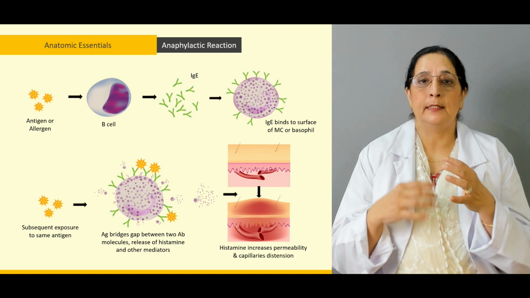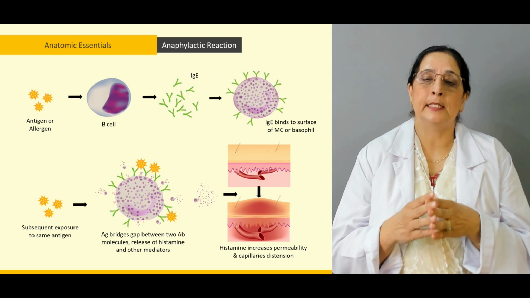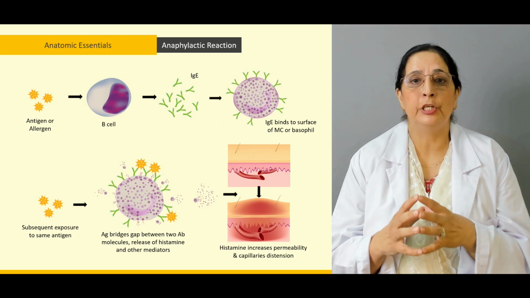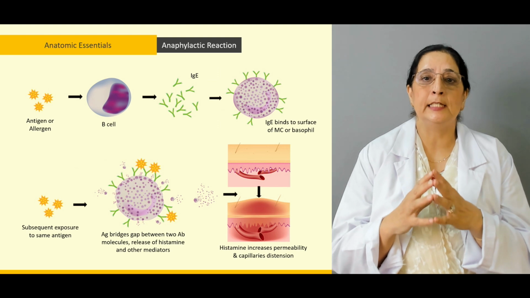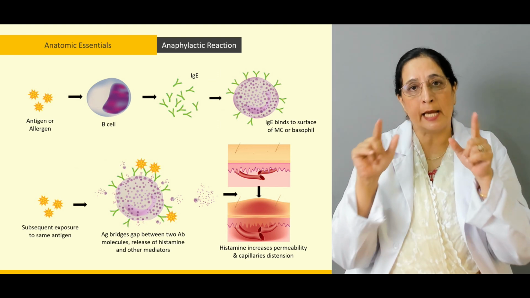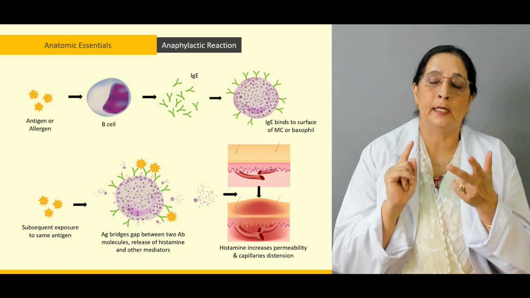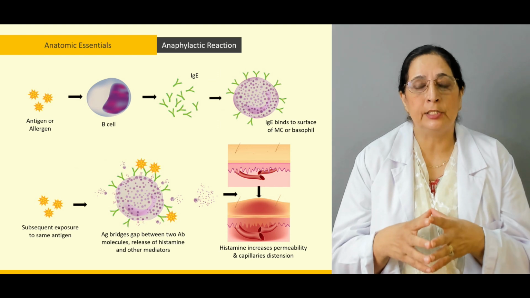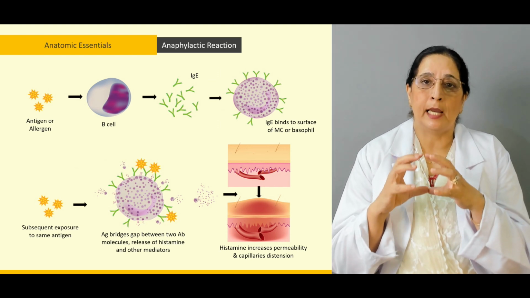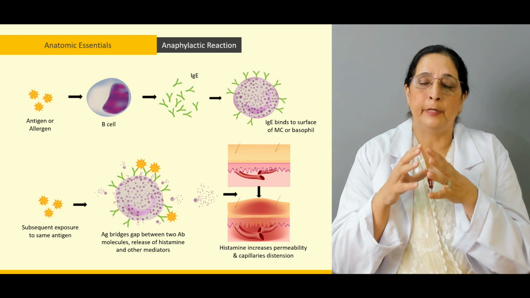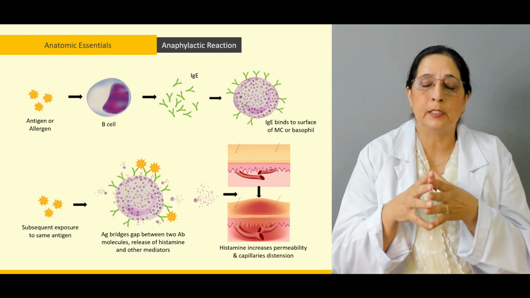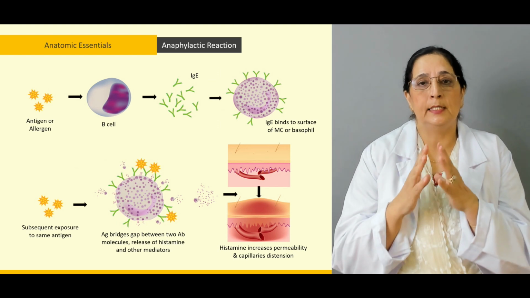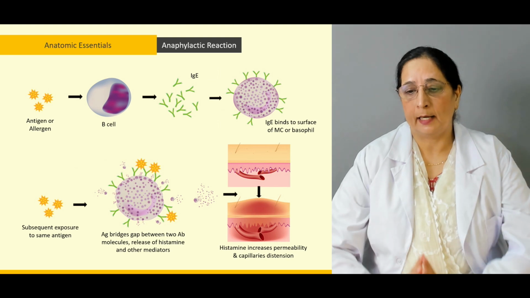First there is exposure to allergen or antigen. Those react on the B cells, leading to the formation of IgE antibodies, which attach to the surface of the mast cell and basophils. Now on subsequent exposure to the same antigen, the antigen bridges the gap between antibodies present on the surface of the basophils, causing increased permeability and capillary distension.